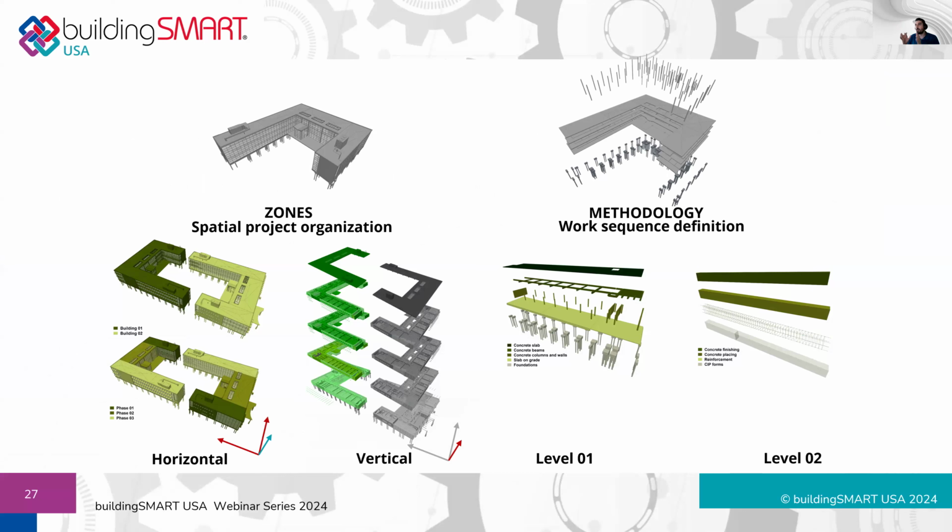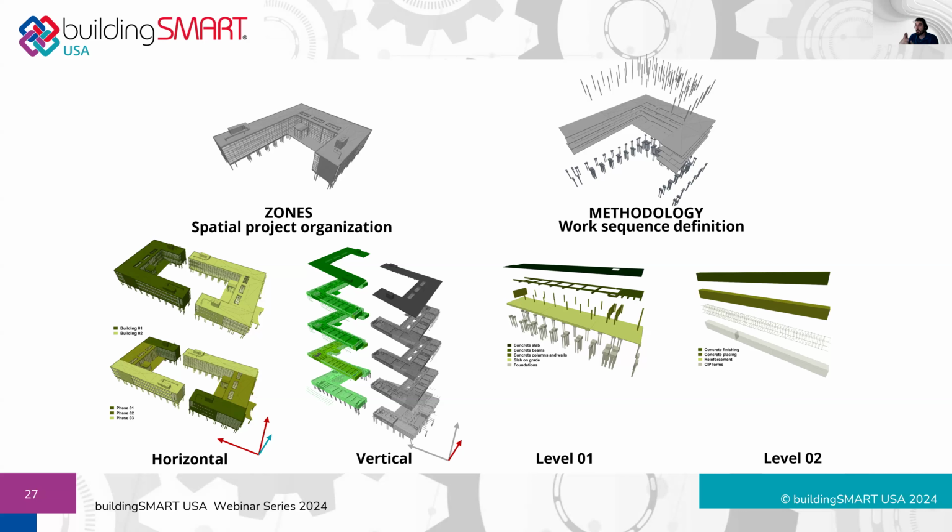Because if you look at the planning process in general, it is basically assembled from two main processes. One is spatial project organization. That means that in your schedule, you need to simply reflect the spatial organization of your project. So if you have two buildings, you're going to have two master tasks for building one and building two, and you're going to have a sequence between them.